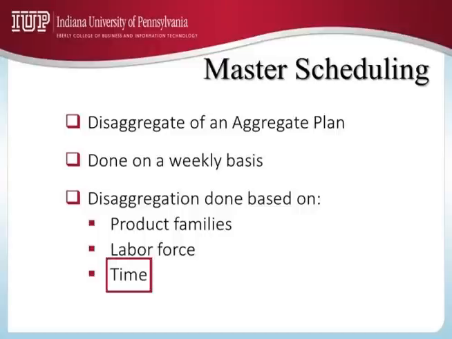Finally, disaggregation can be done based on time. That is, if the aggregate plan is for the next 6 to 18 months on a monthly basis, the disaggregation of the master schedule can be on a weekly basis. Or if the aggregate plan is on a quarterly basis, the disaggregation can be on a monthly basis.